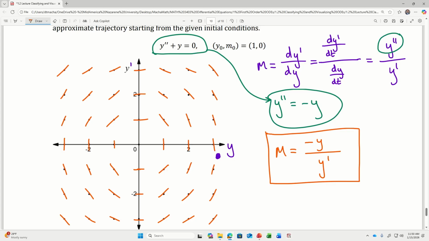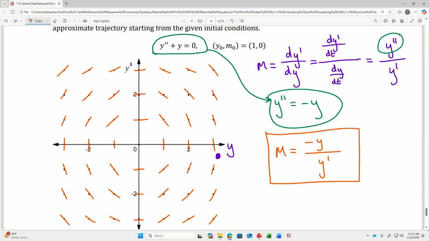What we need to do is look at y prime. If y prime is positive, that's saying the change in y over time is positive. So in the top half of the plane, where y prime is positive, the change in y over time should be positive. Y is the horizontal axis.